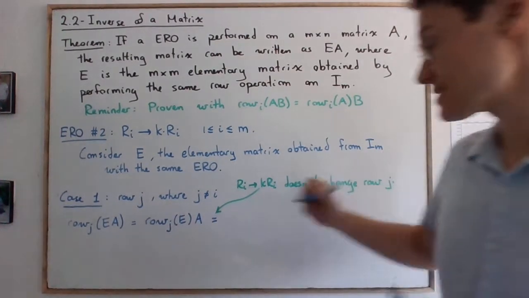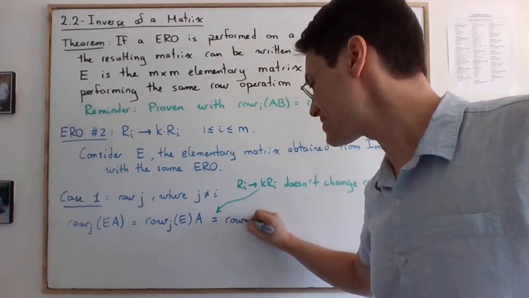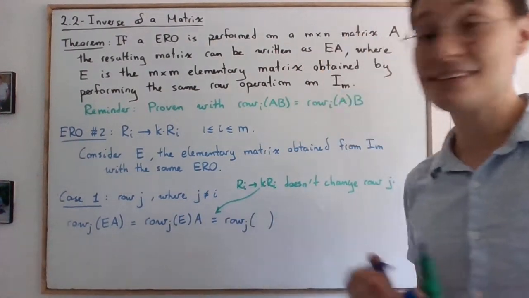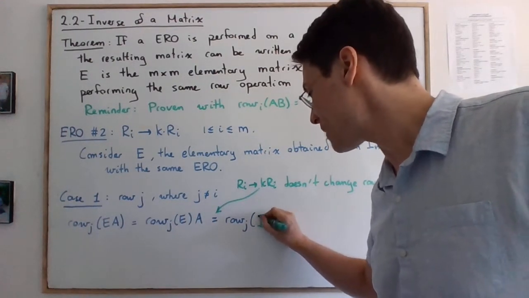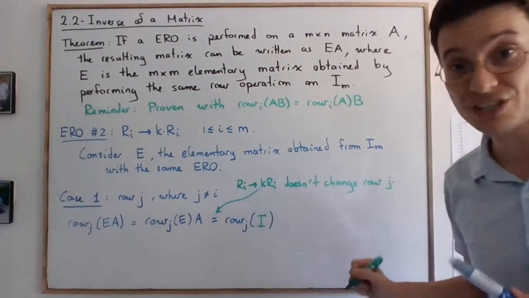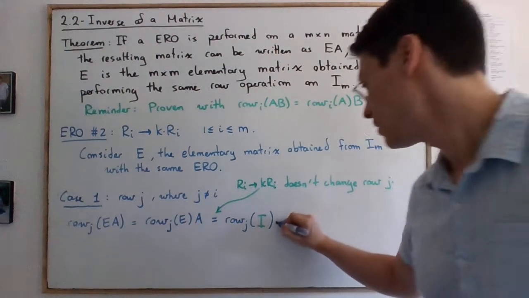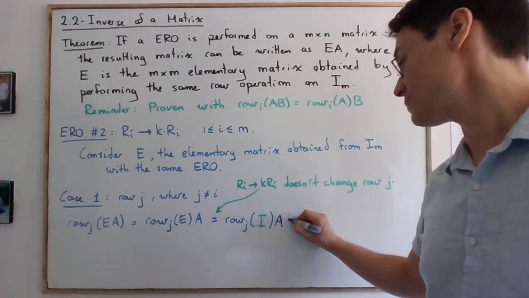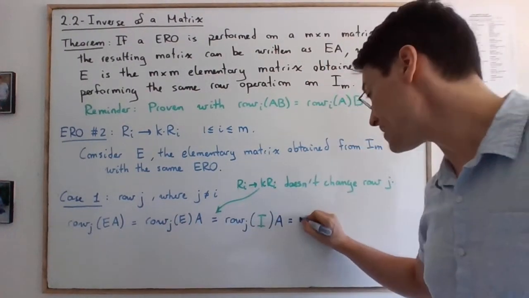That means that the jth row of E is the same as the jth row of the identity matrix, because it has been obtained from the identity matrix by a single row operation that didn't change the row j. So row j of I times A, and then we use this identity again in the reverse direction.